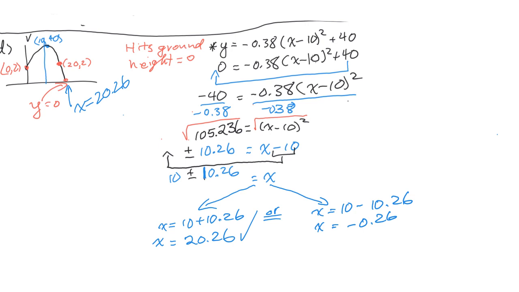Now if we look at the other answer here, it says x is negative 0.26. But didn't we say that the height of the fireworks started at 2 meters? So you can't possibly go back in distance, because if it starts there, it's kind of like you're going back in time, and we can't do that in this case. Sometimes you can, sometimes you can't. This time you cannot. So this value here we say is inadmissible.